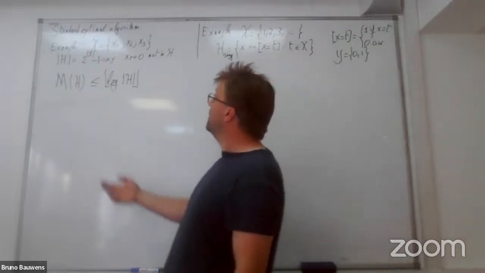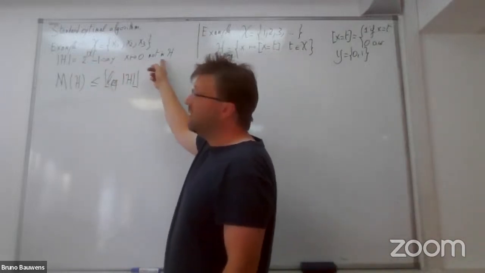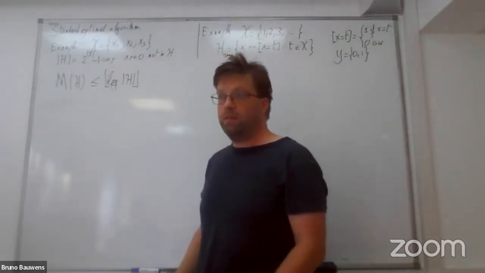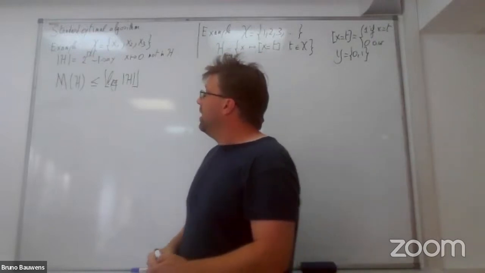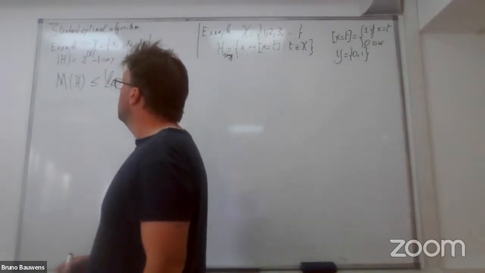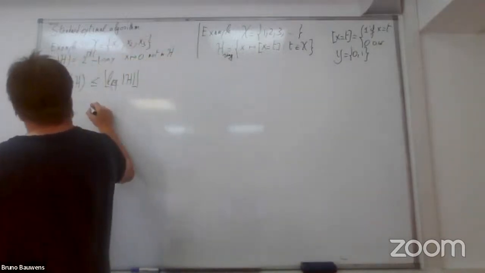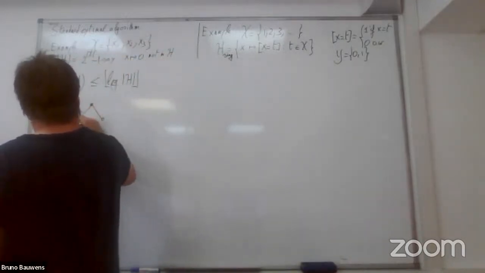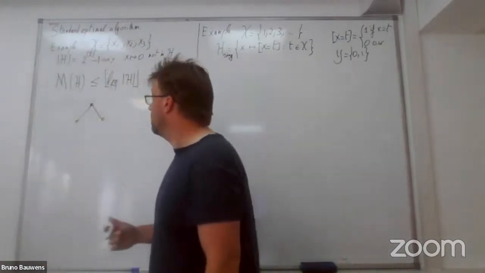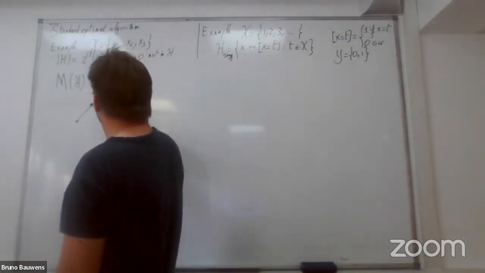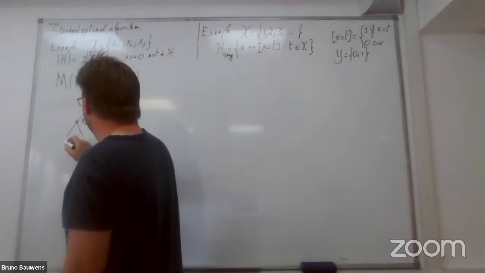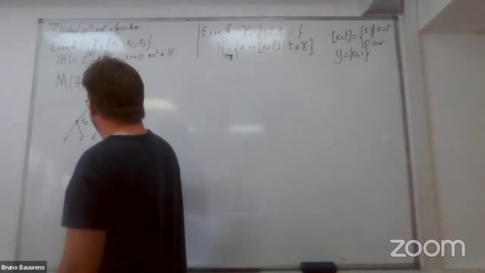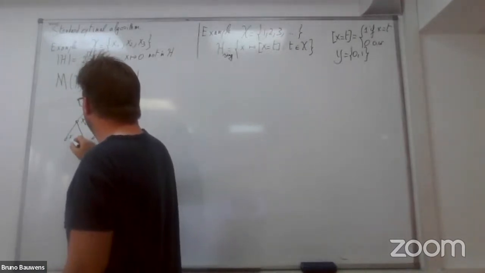For example, we can take the all-0 function and assume that it's not in H. Okay, so let us look a bit more at this class and represent all these functions on a tree. So we have three inputs, x1, x2, x3, and we can organize these functions in a binary tree.